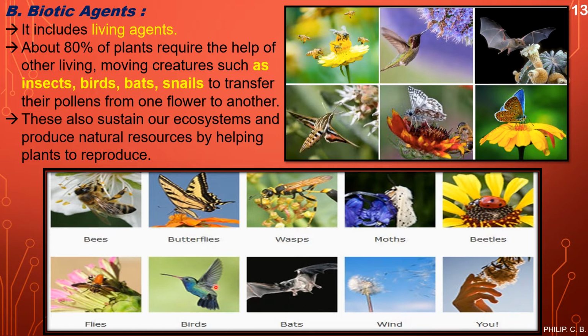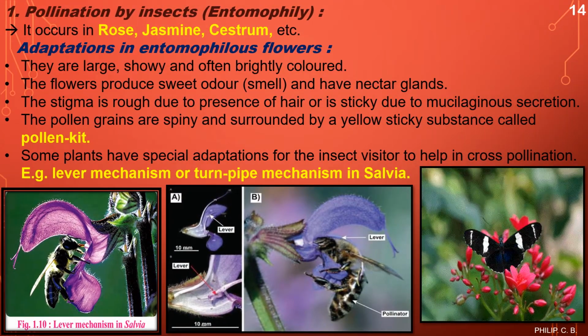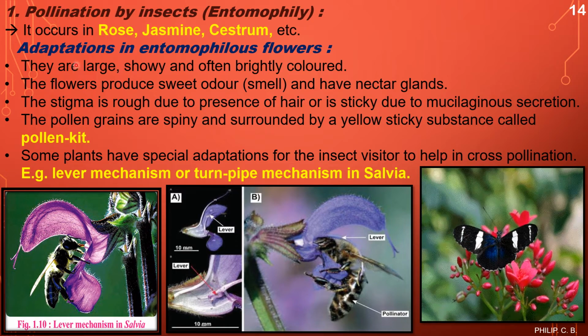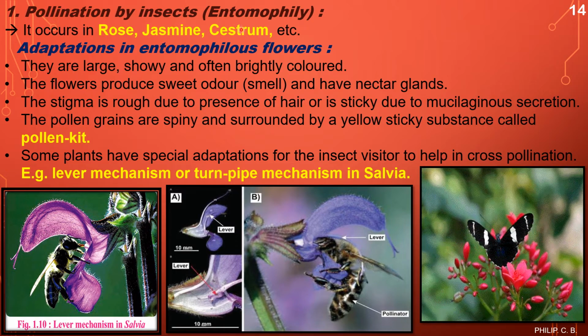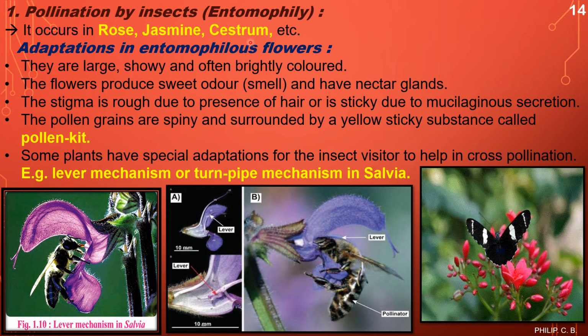Wind, bats, birds and flies. Now coming to the individual pollinating agents, that is the living agents. First, insects, entomophily. It occurs in rose, jasmine, salvia, various examples.